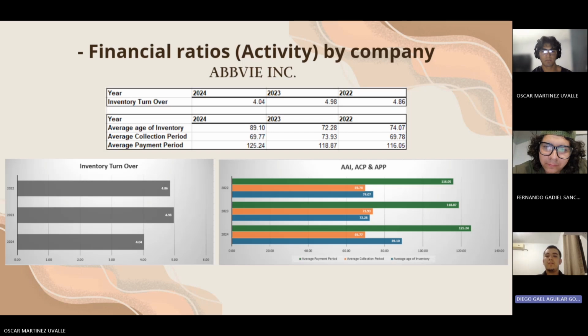The average collection period 69, then 63, and then again 69, and then the average payment period goes from 116 to 118 to 125, which again we can see here in the graphs maintains certain constant values. It doesn't fluctuate that much.